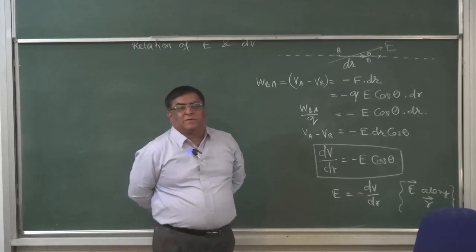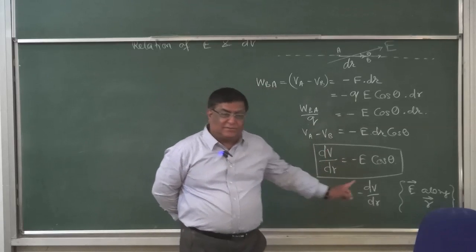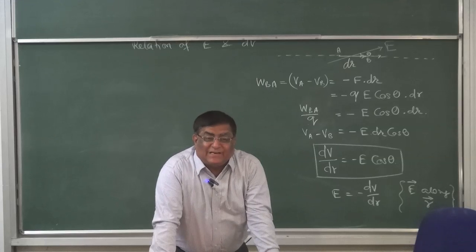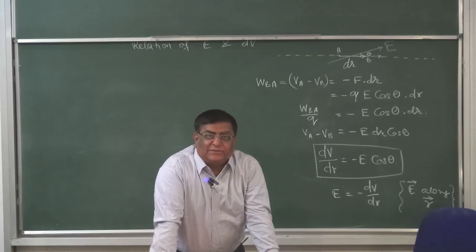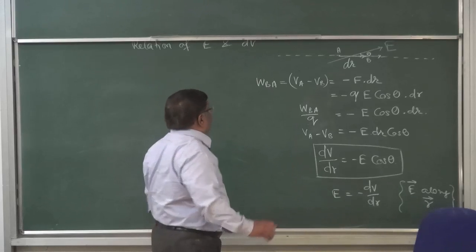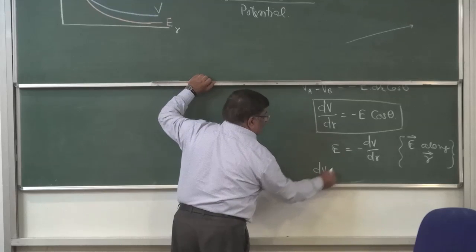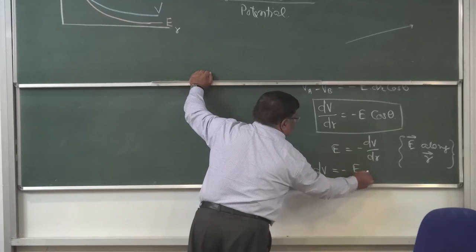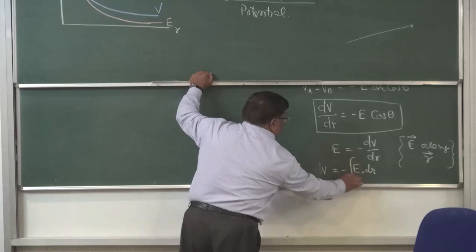Correct? Now this is a scalar quantity and this is a vector quantity, but this is a relation because E is along R. So this relation helps us a lot. We are going to use this relation a lot in physics, that electric field is given by dV by dr. With this we can make potential difference equal to minus E dr, and integrate.